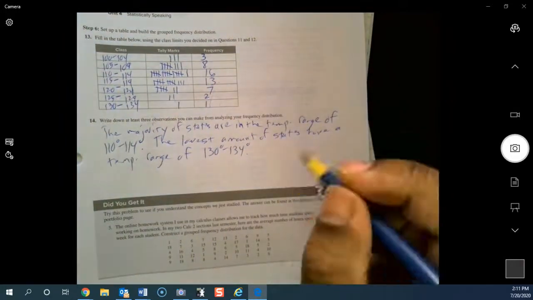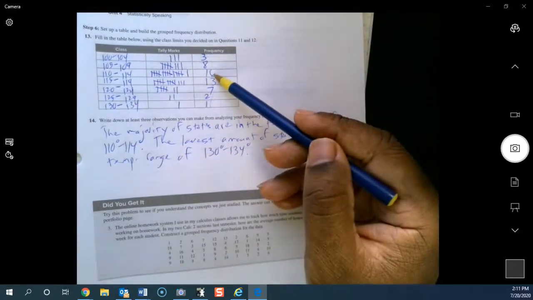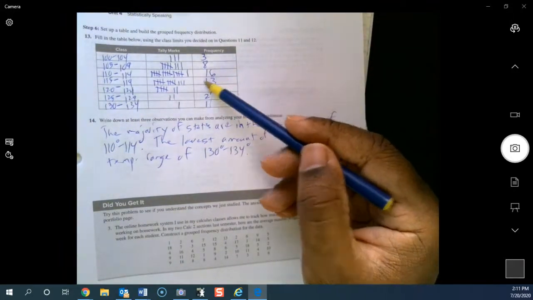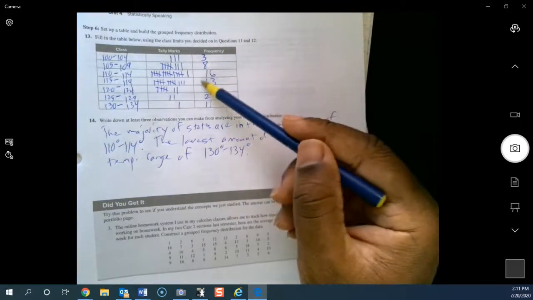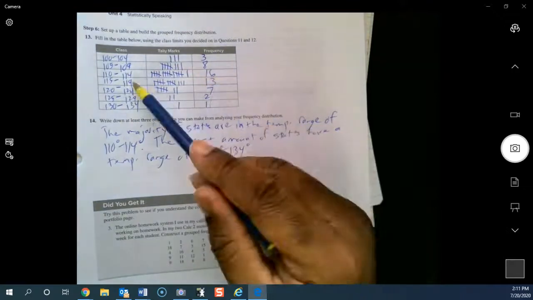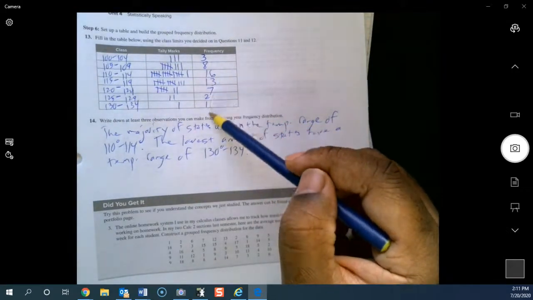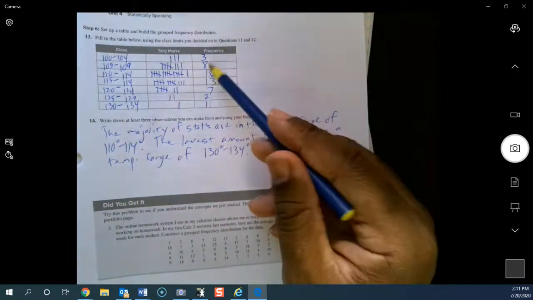And then if you notice here, if you look basically here in the center, most of them reside in the 110 to 114, 115 to 119. They're very close. But as you go higher or lower, you notice that the frequency gets lower.